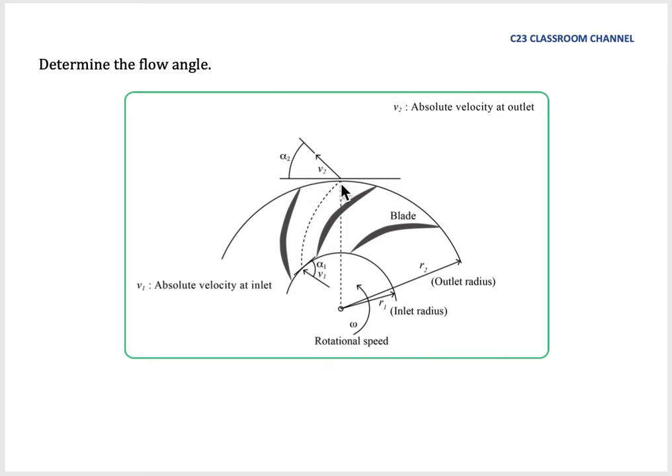Then we draw a tangent line here, and this is V2 at the outlet. The angle here is labeled as alpha 2, the flow angle at the outlet.